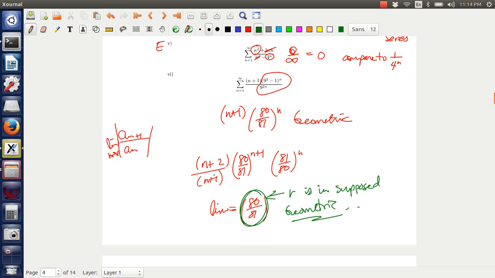And so this n plus 2 over n plus 1 is not important compared to the fact that this is 80 over 81, which looks very close to 1, but it's not because it's a hair under 1, and it has a long-term cumulative effect. It takes care of all our problems. So it converges, and I would say comparison to geometric, just like above, compare to 80 over 81 to the n.